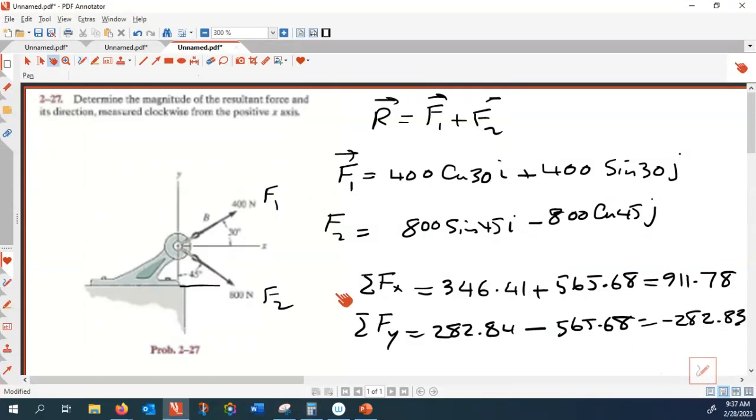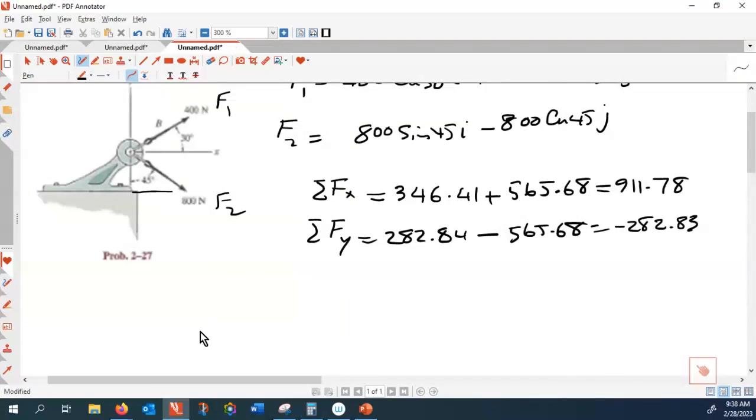Okay, we have the net x and y values. So r is simply the square root of the sum of squares of these two.